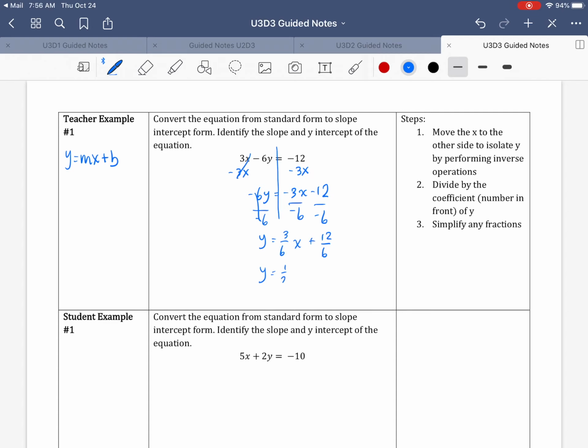Y equals 1/2 x plus 2 when we simplify those fractions. Now we know our m represents our slope, and our b represents our y-intercept. So here, m is equal to 1/2, the number in front of x, and our b is 2.